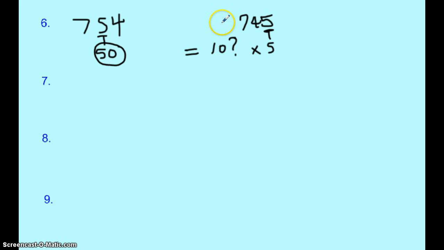Or knowing our place value, you know that the tens place is one place to the left of the ones. They both have 5s, and we know that the place directly to the left is 10 times greater than its counterpart to the right. So tens are 10 times greater than ones.